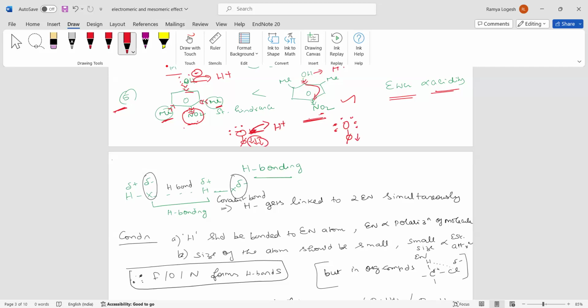Here it is very close to nitro. In the second case, sorry, it is far away from nitro. So nitro here feels steric hindrance from the methyl group. It is not able to pull the electronic load from O. But here the places are very free. Therefore, the electron pull is easy for nitro. Clear, ma'am? Clear.